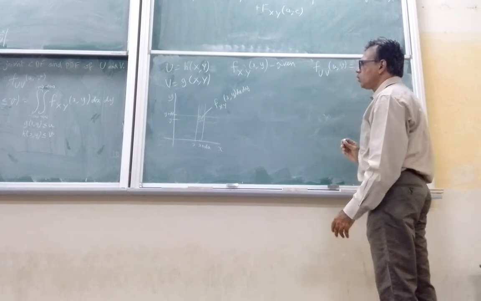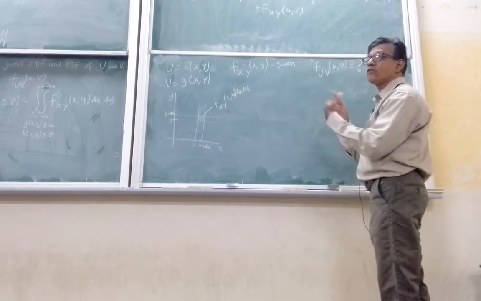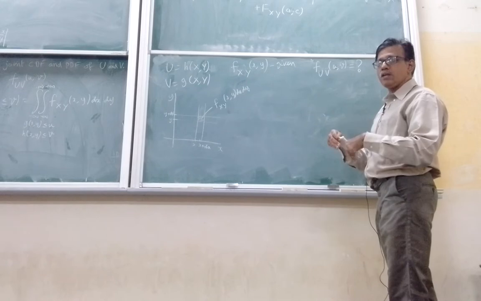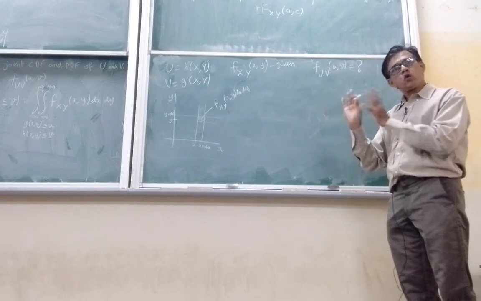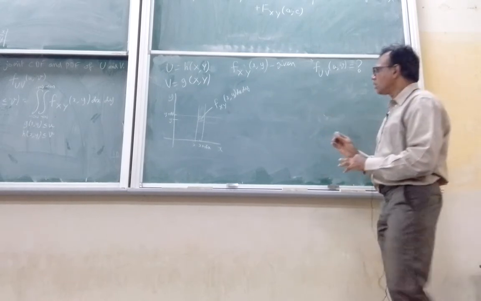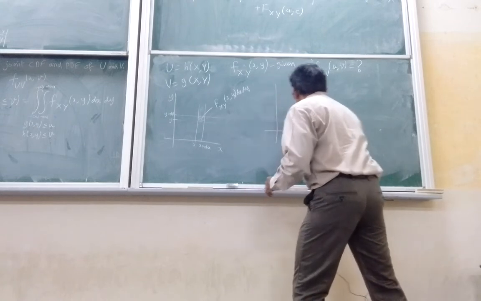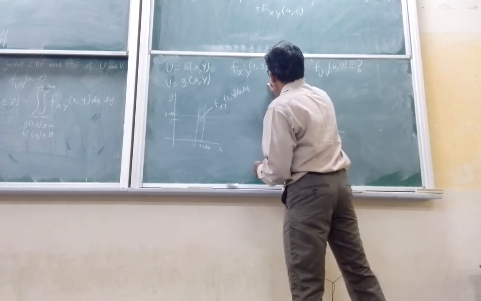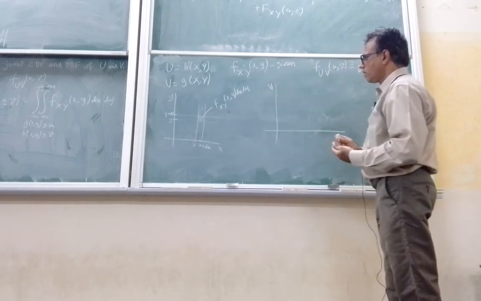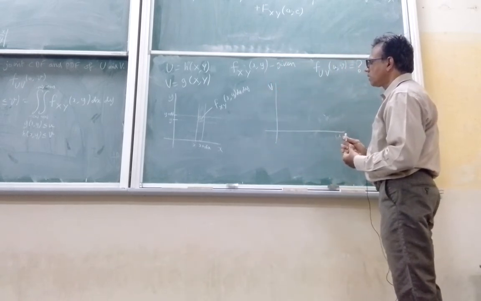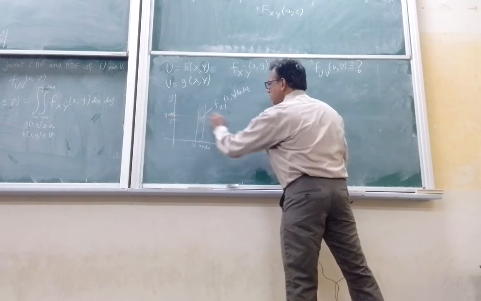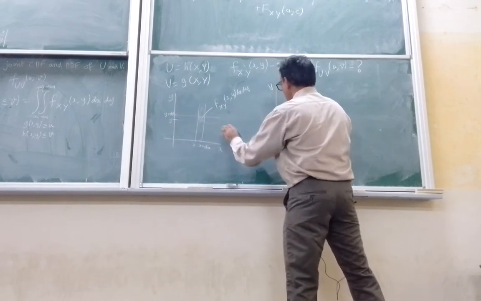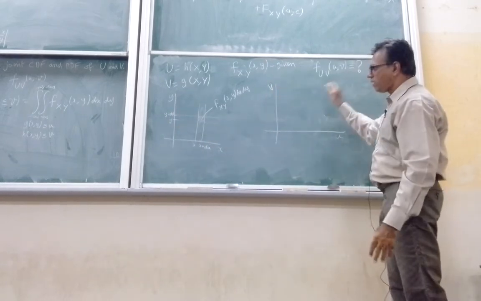But what we have is two functions of two variables. U and V are two functions of two random variables x and y. So in the u-v plane, these lines can be traced here.